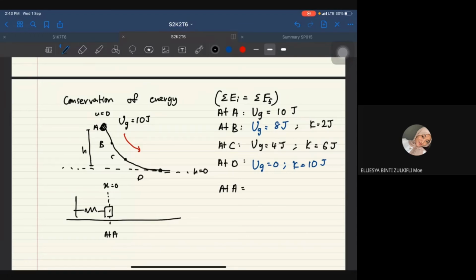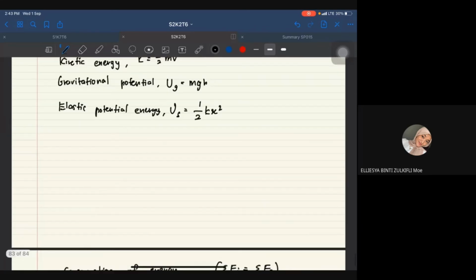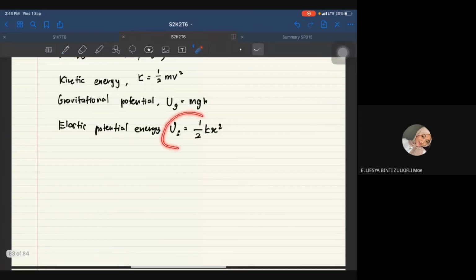So when x equals 0, what can you say about my US? Elastic potential. Okay, if you go back to the equation here, you can see that US depends on half kx square.